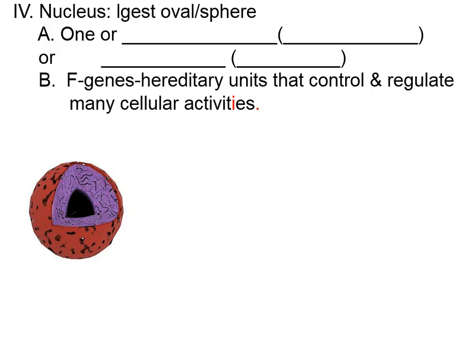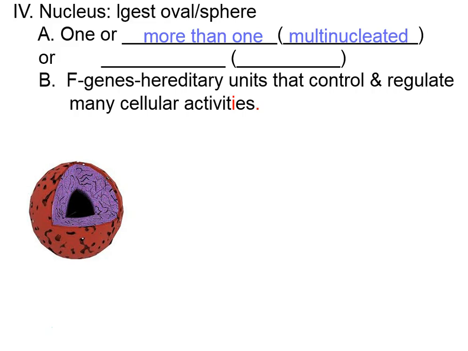The nucleus is the largest oval sphere inside of a cell. Some cells can have more than one nucleus, then we say that it's multinucleated or it has more than one nuclei. An example would be a skeletal muscle cell that has many peripheral nuclei.